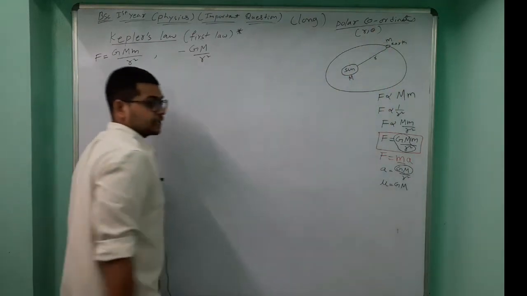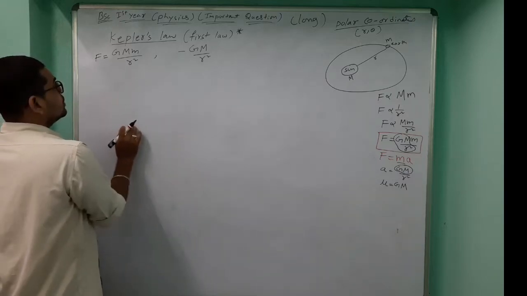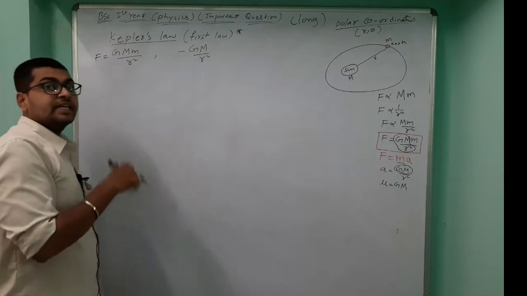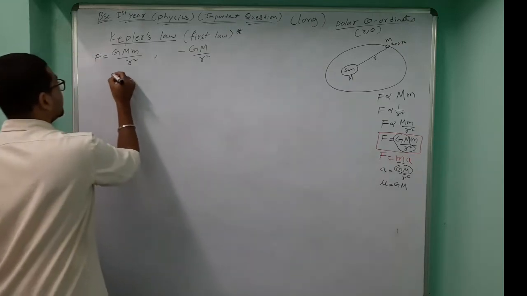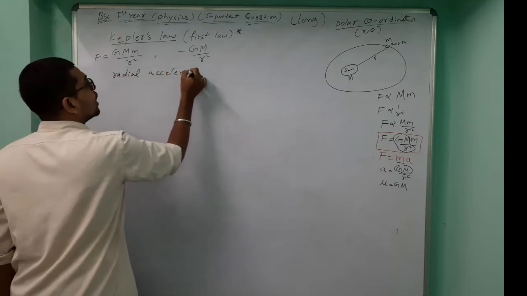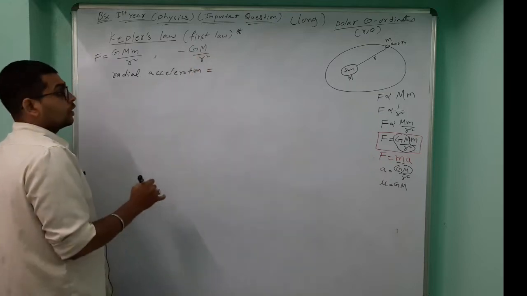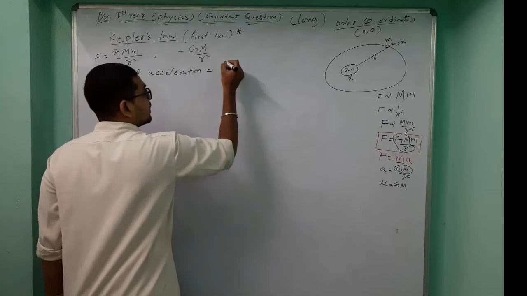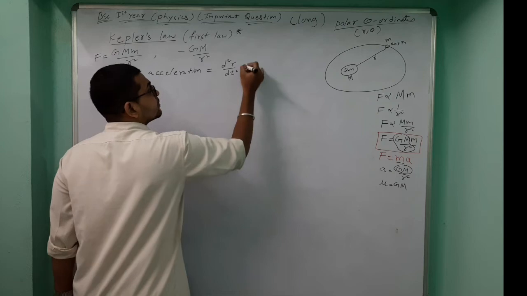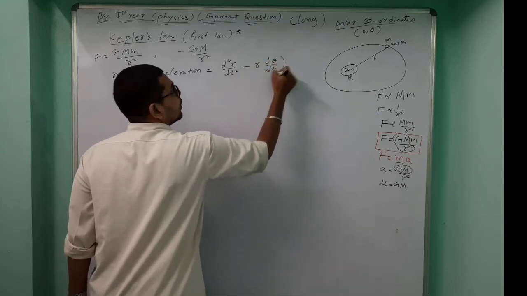Okay, the direction. Now we talk about two accelerations: radial acceleration and transverse acceleration. Radial acceleration is given by d square r by d t square minus r into d theta by dt whole square.